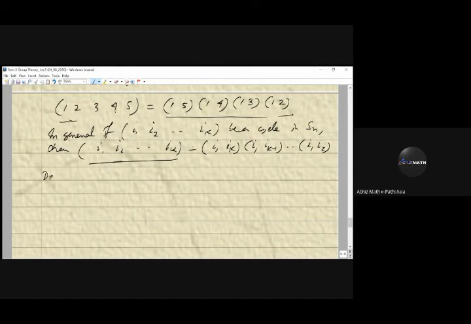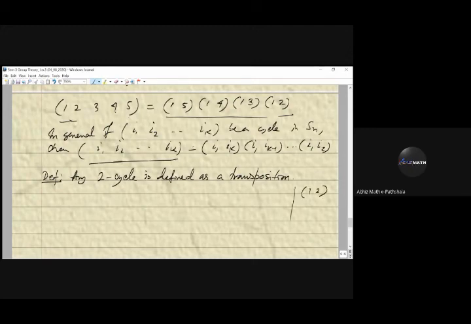So define, any 2-cycle is defined as a transposition. Why is it called a transposition? Just look at any 2-cycle, suppose (1 2).